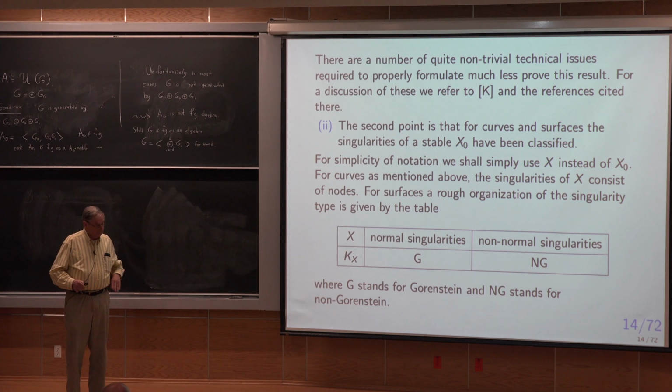For curves, that just means the curve has a node. It's just like those pictures that were drawn. For surfaces, it's convenient, as I said earlier, to organize into normal and non-normal, Gorenstein and non-Gorenstein.